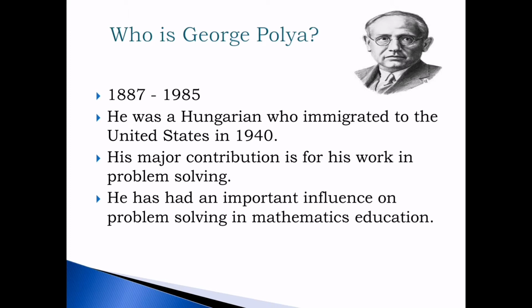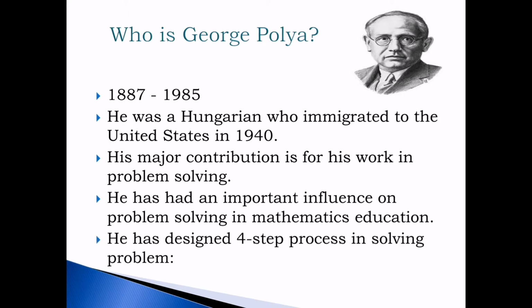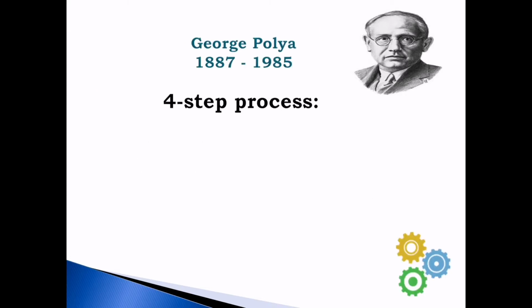Obviously, his greatest contribution in the world of mathematics education is what we call problem solving, as he designed the four-step process. And what are those four steps? Let us enumerate and explain them one by one.